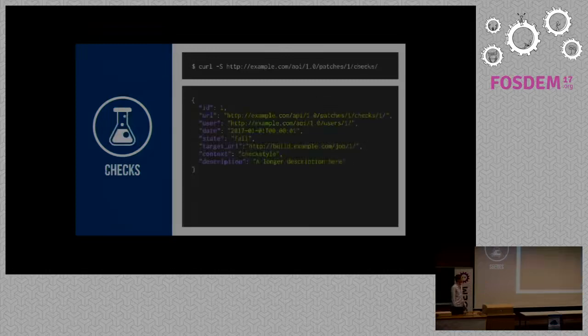The next thing is currently being used by a couple of projects. I know DPDK are using it, and I'm hoping to start using it for Open vSwitch in the near future. Checks are simply a way of keeping track of the test results from a given test or build that you run. We wanted a way of exposing this information to Jenkins so that we can actually go and test something, but we also wanted a way of reporting that information back to Patchwork so someone could go in and get a one-stop snapshot view of the current state of a patch.